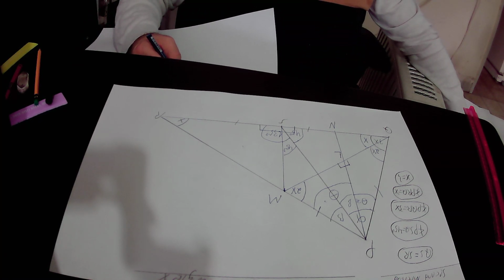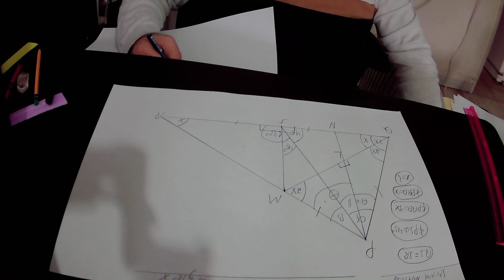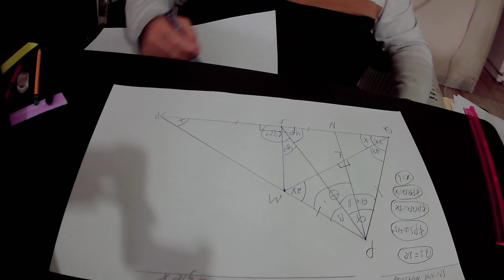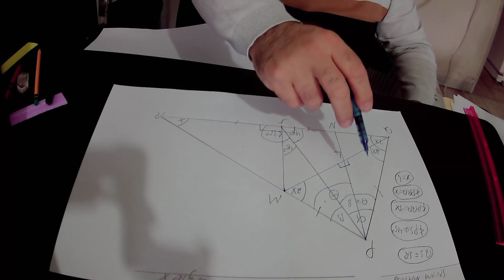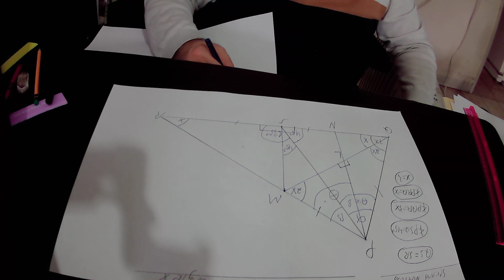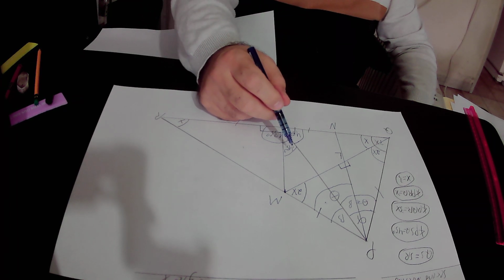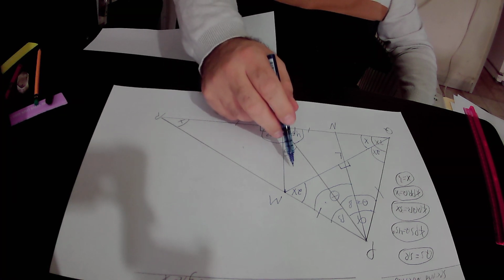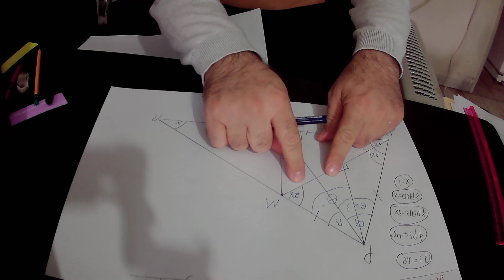We will prove that triangle NPS is congruent to triangle PMS. So we'll prove that those two triangles can go into each other.